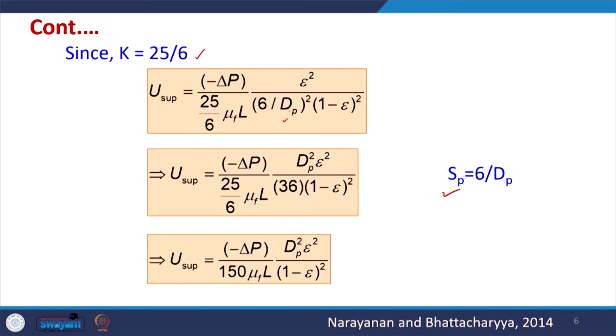If we solve this particular equation, U superficial, I think every place it will be cubed. So, the superficial velocity can be given by this equation: d_P squared into epsilon cubed divided by (1 minus epsilon) squared, divided by 150 nu f L.